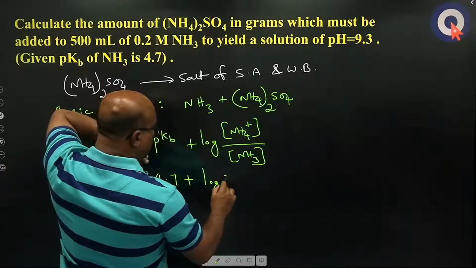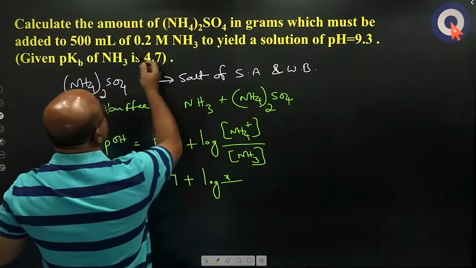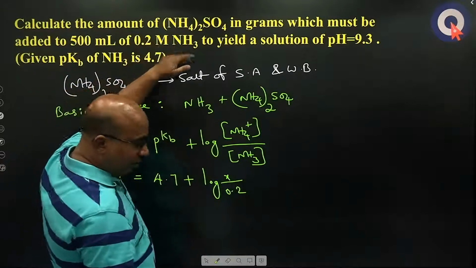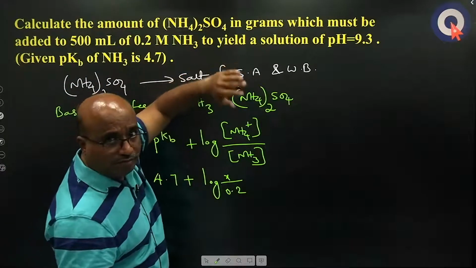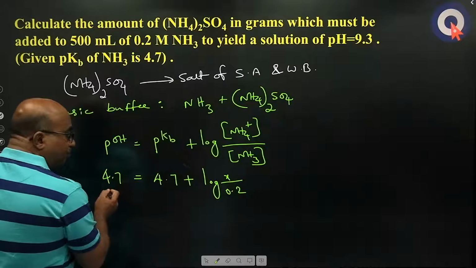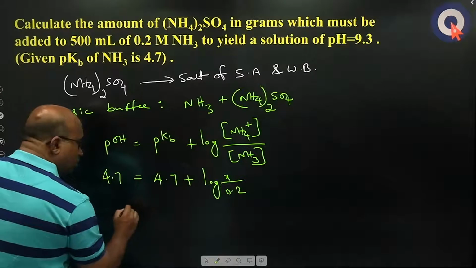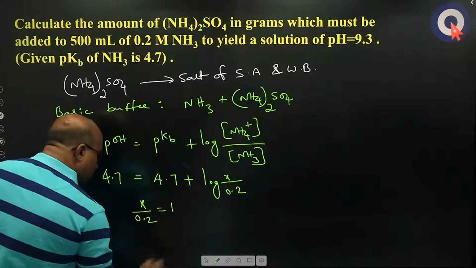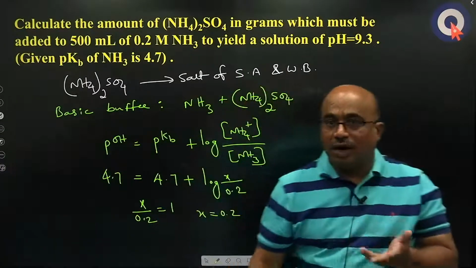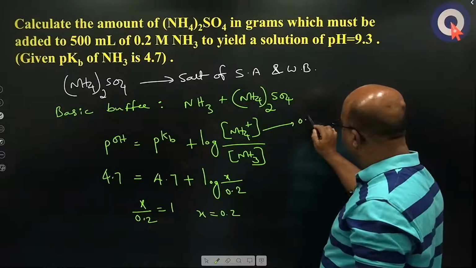Let us say we are calculating X for ammonium sulfate, then the ammonia concentration is directly 0.2, even though you have 500 ml of this and you are adding solid ammonium sulfate to get that pH. So this is 0, that means it is log 1 on this side. So X by 0.2 is equal to 1, that means X is 0.2, so the ammonium ion concentration has to be 0.2.